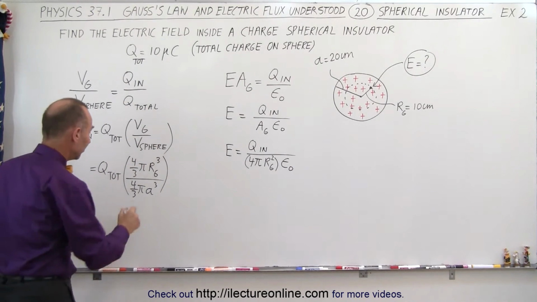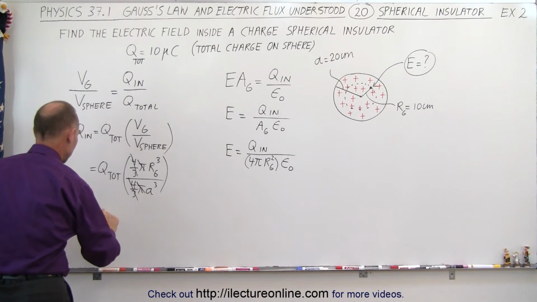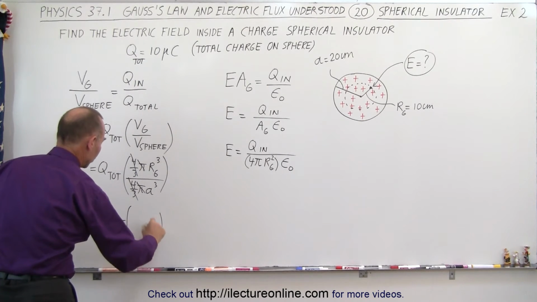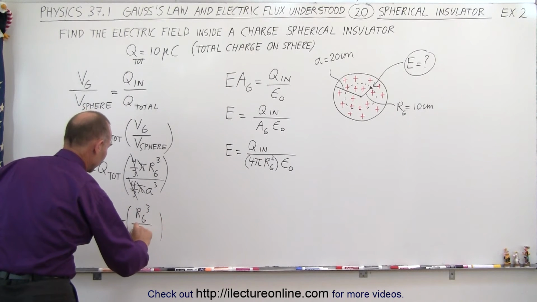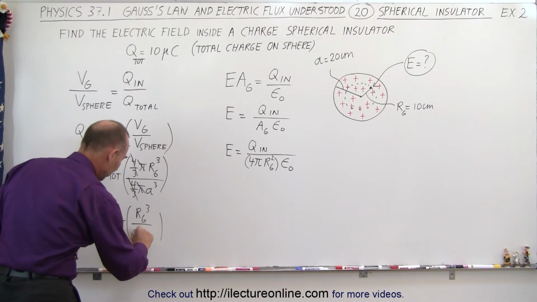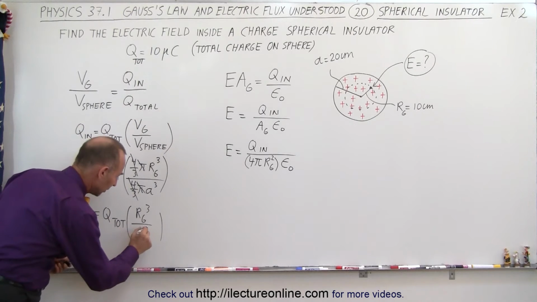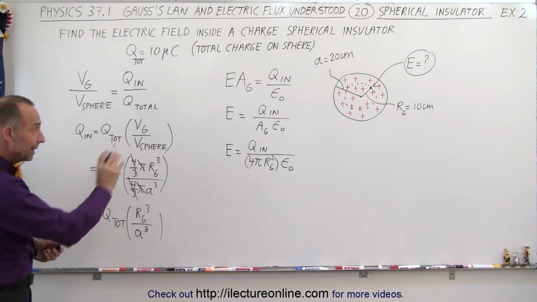Now if we simplify this, the 4/3 cancel out, the pi cancel out, so it's simply equal to the total charge times the ratio of the radius of the Gaussian surface cubed divided by a, the radius of the total sphere, cubed.